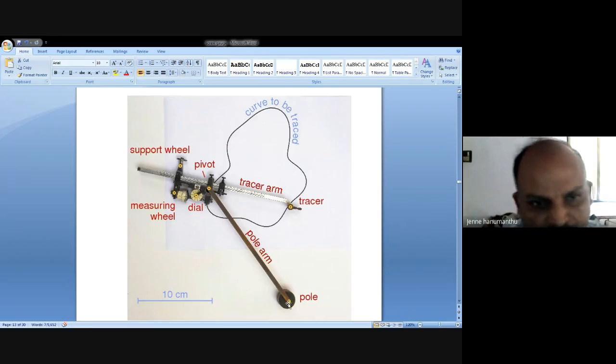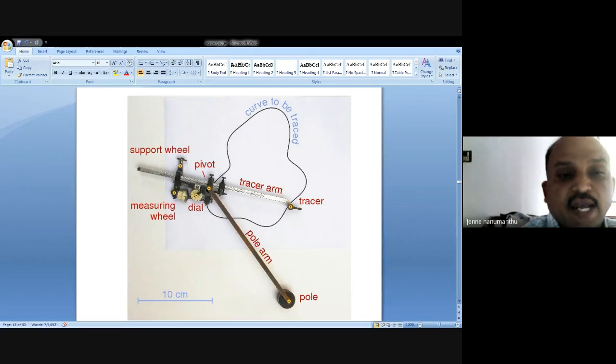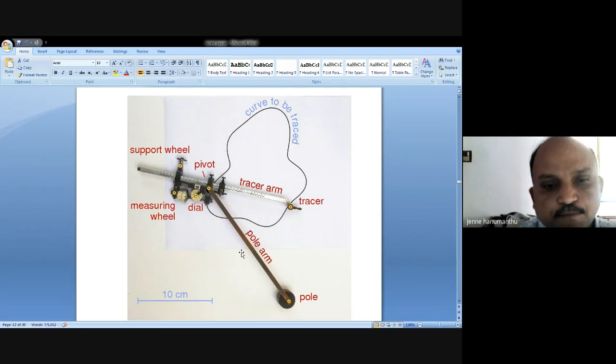Remember, what are the parts available in this planimeter? The planimeter has two arms. One is the fixed arm. It is called the pole arm.